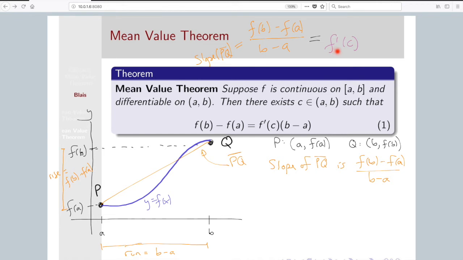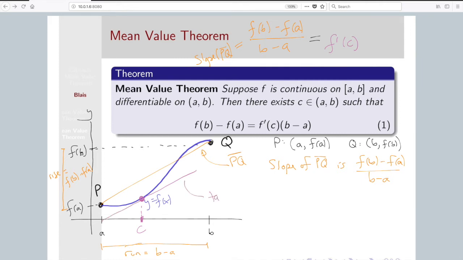F prime of C is the slope of the tangent line at C. So what this is saying is there has to be an x value C where the slope of the tangent line is the same as the slope of PQ.